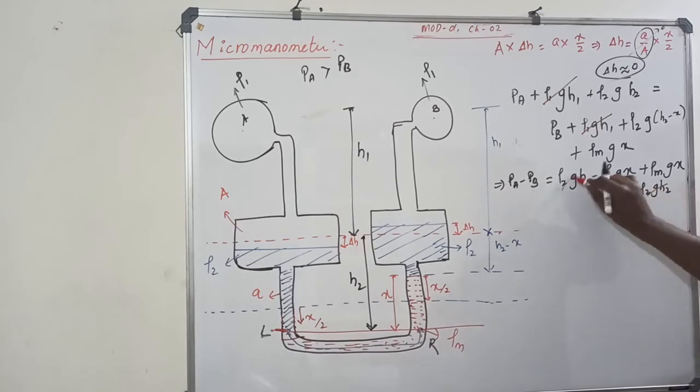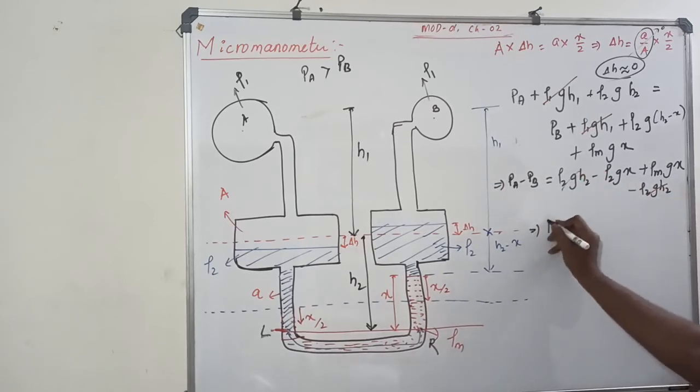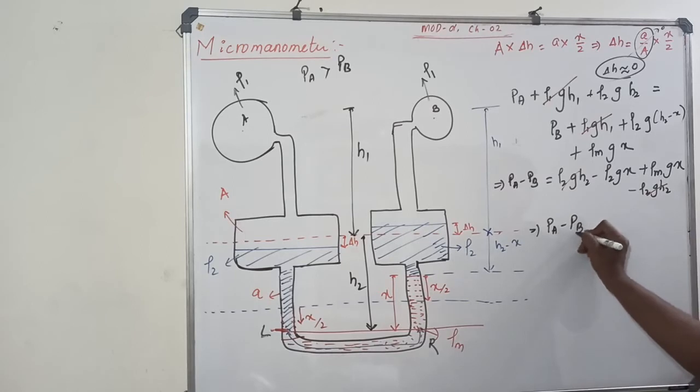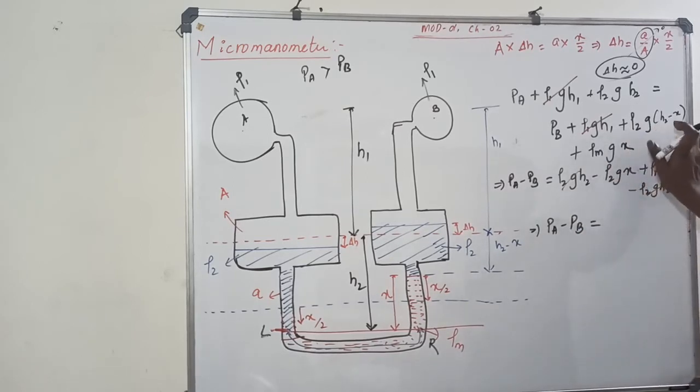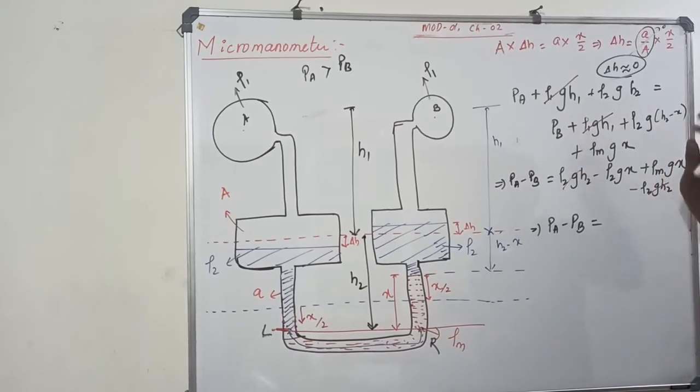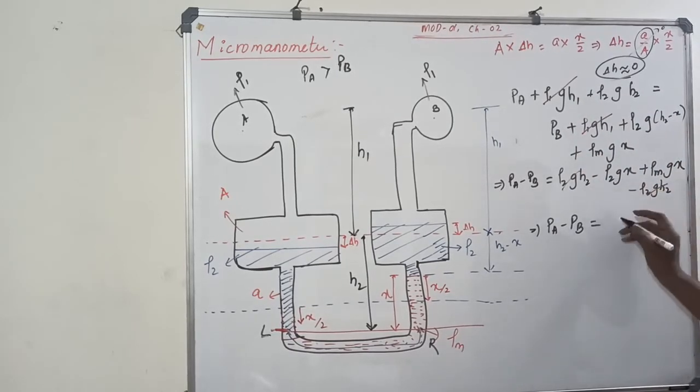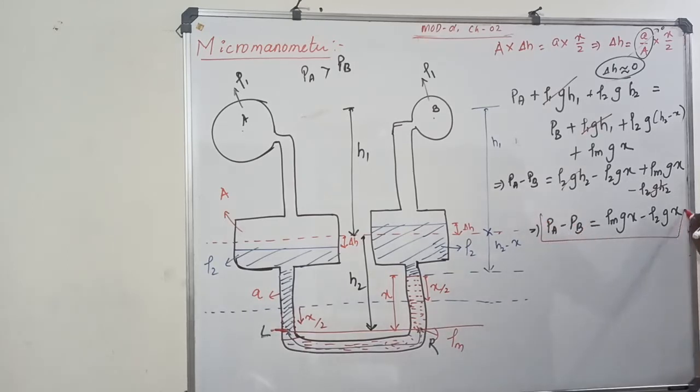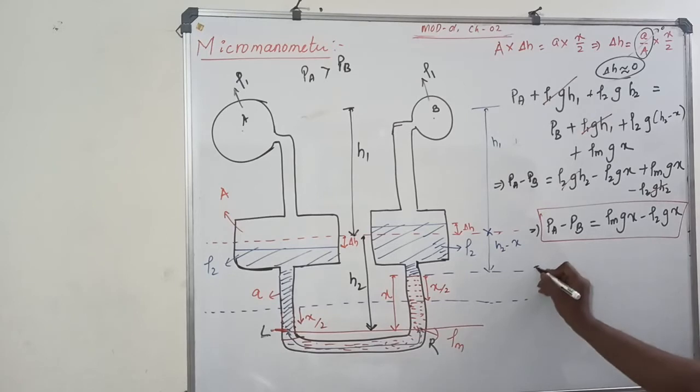Rho 2 G H2 cancel. So what I got? PA minus PB equals rho m G X minus rho 2 G X. This is my difference in pressure. Differential pressure.